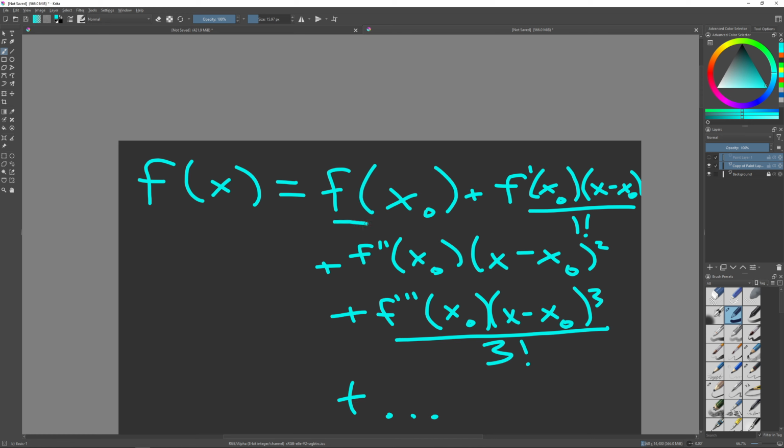We have some function, and some x0 value. We start with the value at x0, and then we take into account the first derivative, which accounts for the slope, times this stuff, and then we account for the second derivative. And every time we account for further and further derivatives, sorry, I bumped the mic, we get more and more accurate as to what this value is.